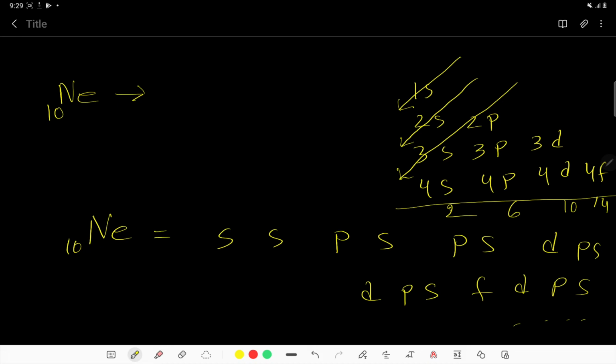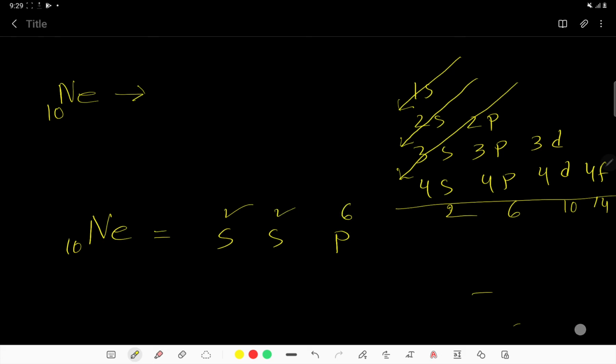Actually neon has 10, so we need to distribute this 10: 2, 4, 6, 10, right? We don't need these subshells. So s starts from 1s, then 2s, and p starts from 2p. So this is the electron configuration of neon.